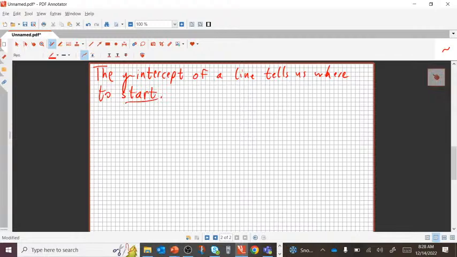It tells us where to start on the y-axis. And that other part is called the slope. The slope of a line tells us where to go.